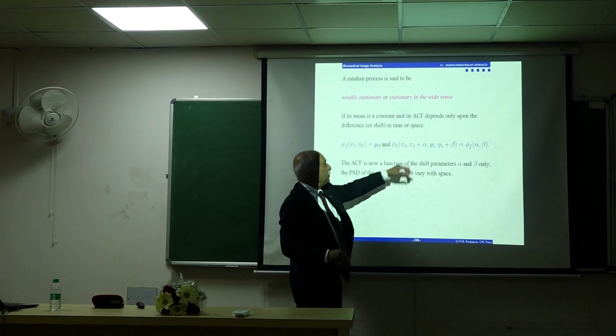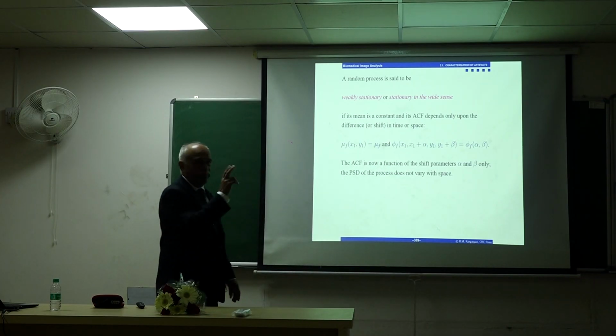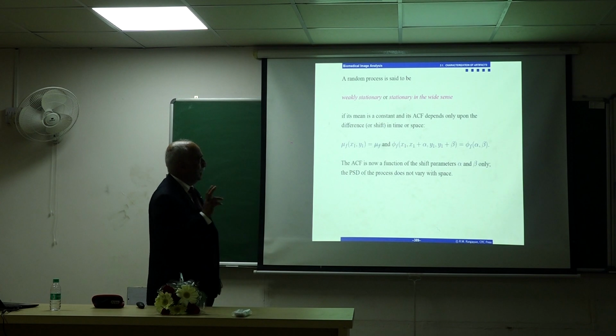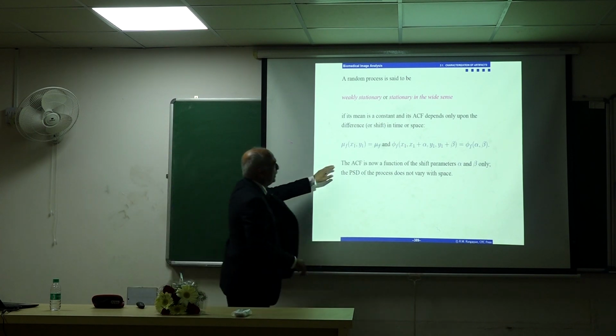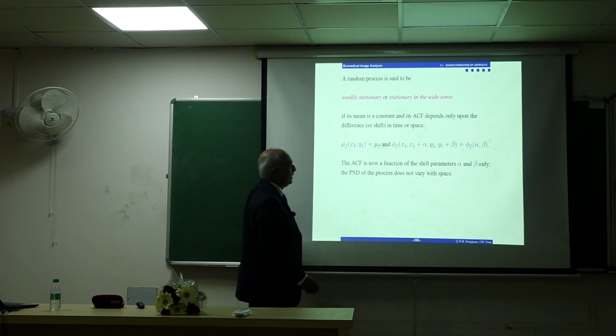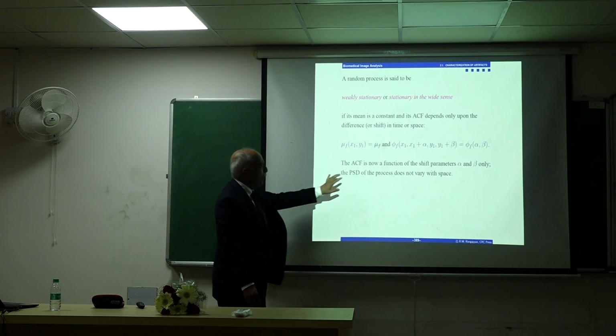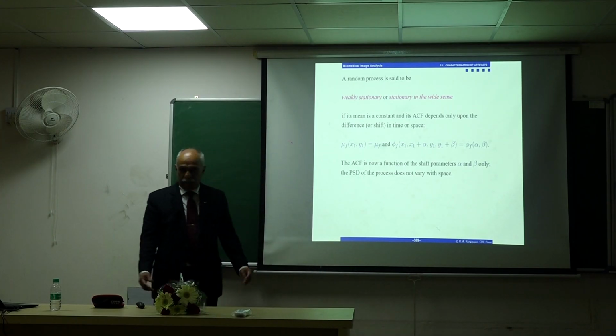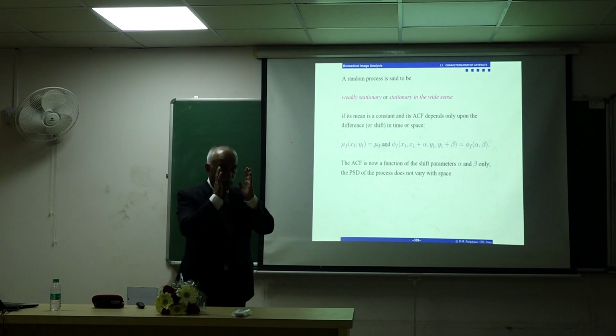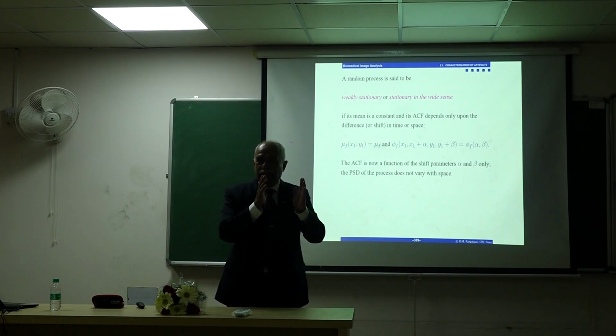And phi(x1 + alpha, y1 + beta) and all that is only phi(alpha, beta). So there are no x and y coordinates in these. The autocorrelation function is a function of the shift parameters alpha and beta only, and the power spectral density does not vary with space. So I can characterize the entire image with one power spectral density.